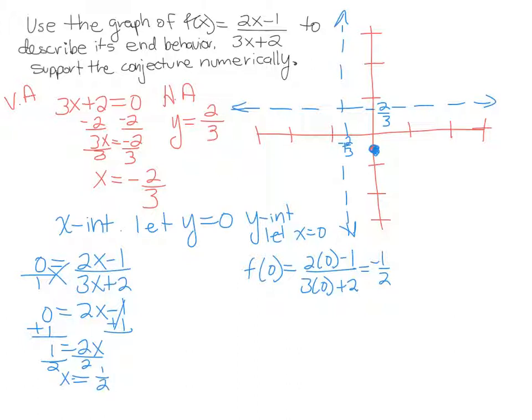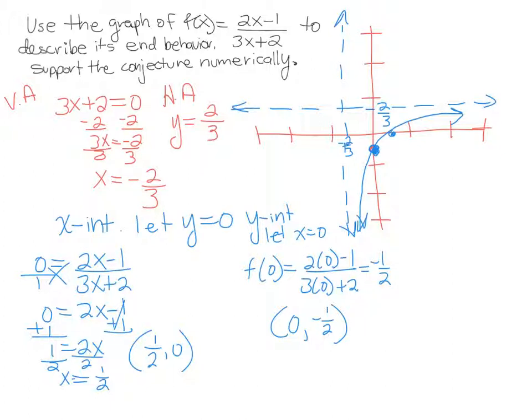So at x equals 1/2, y is going to be 0. Okay, so that's the point 1/2, comma, 0, and the other one was 0, comma, negative 1/2. So with this, I'm finding my y-intercept and my x-intercept, which means that my graph is going to be coming like this.